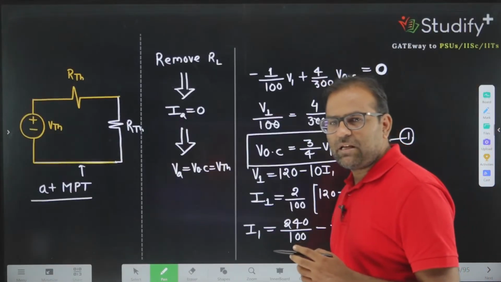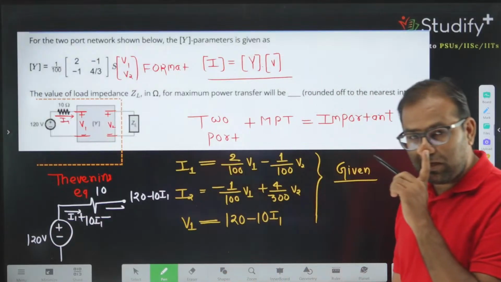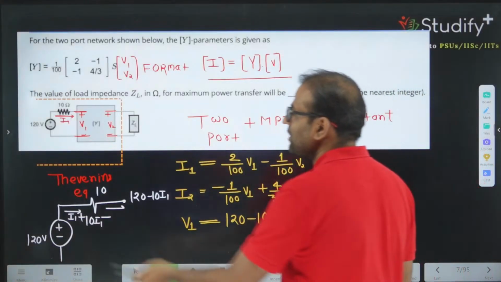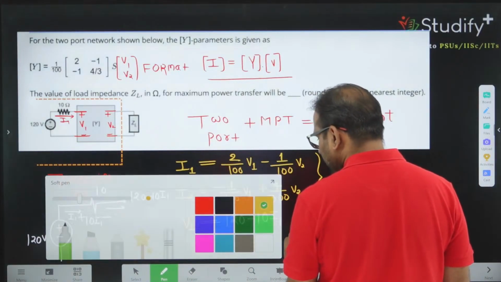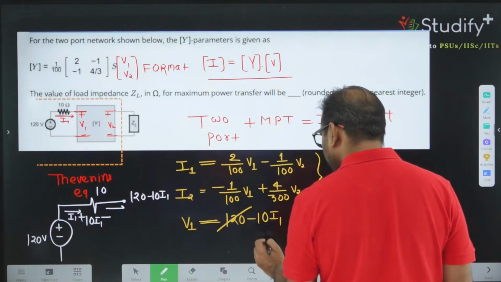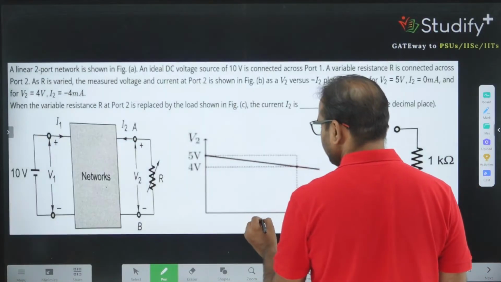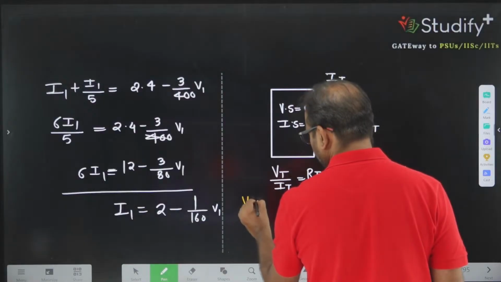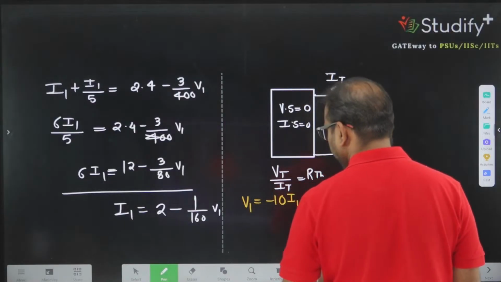Okay. So what we are doing? If I am making all independent sources equal to 0, it means the 120 volt is replaced by 0. If 120 volt is replaced by 0, this is 0. So what is the value of V1? V1 is equivalent to minus 10 I1. This is one of the equations.